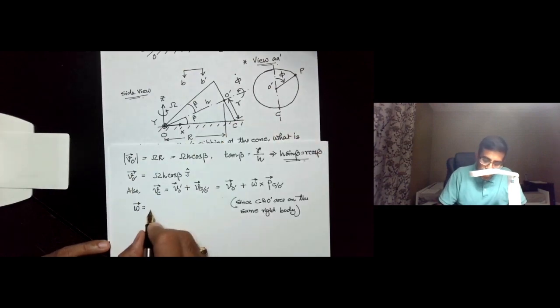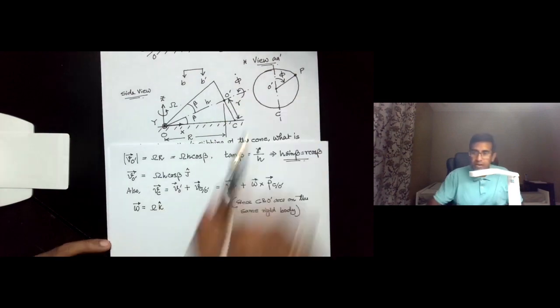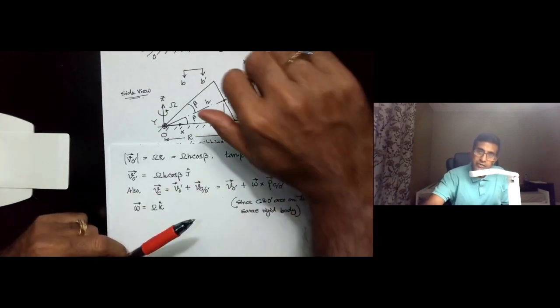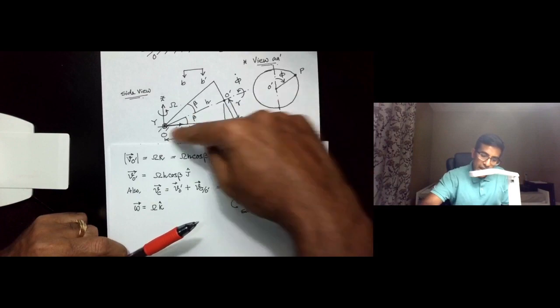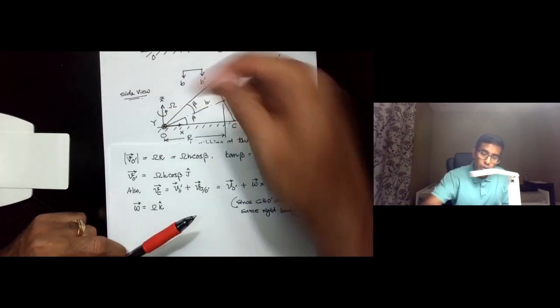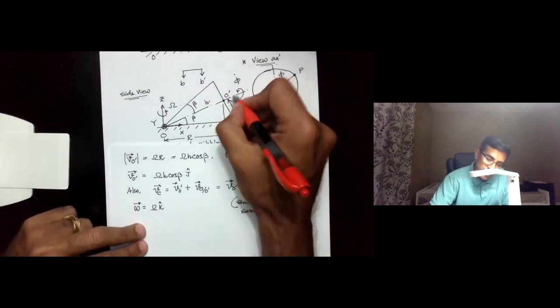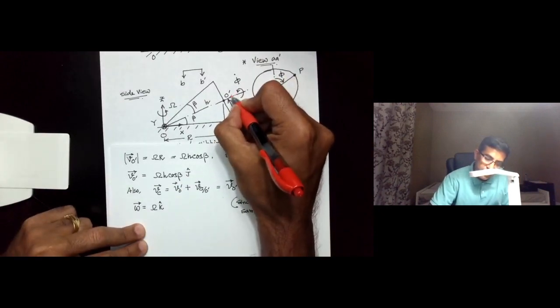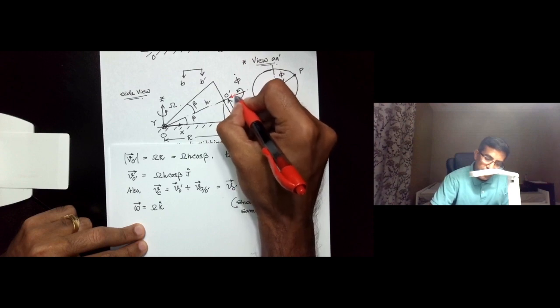Okay, so now omega is always going to be in the direction k, and the vector phi dot is going to be directed along the axis of the cone and towards the point O at every instant. So the angular velocity phi dot is always going to be like this.